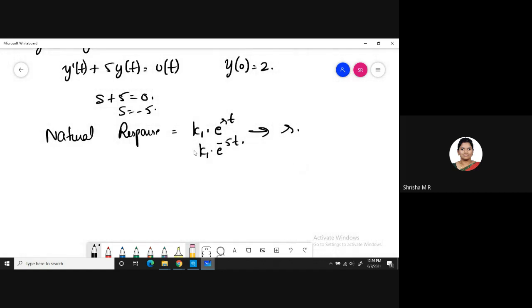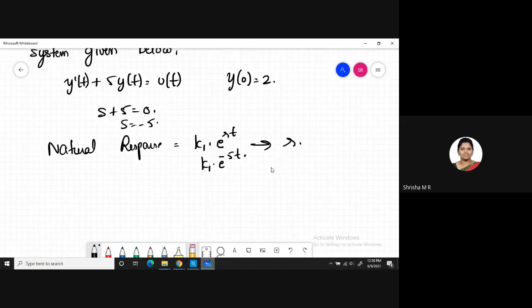This constant K1 is found by making use of the initial conditions given. In the problem, they have given you the initial condition y of 0 is equal to 2. So making use of this, we'll find out what is K1.